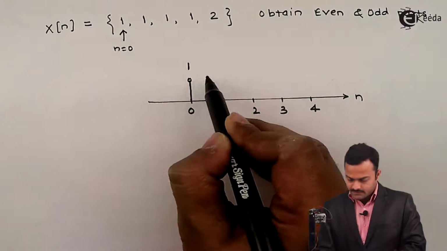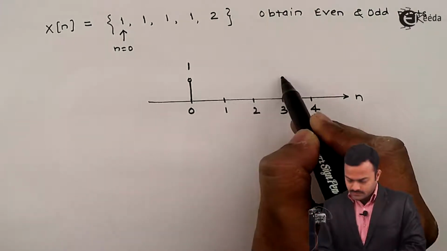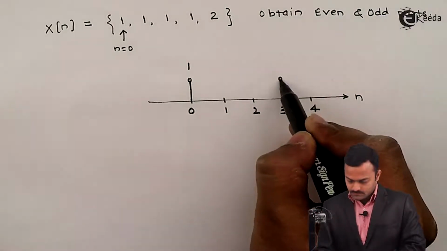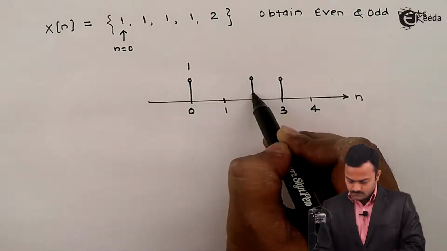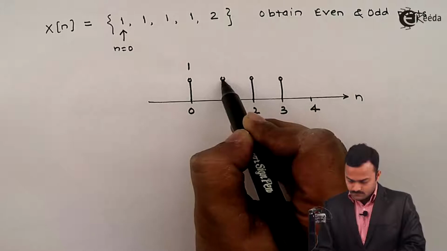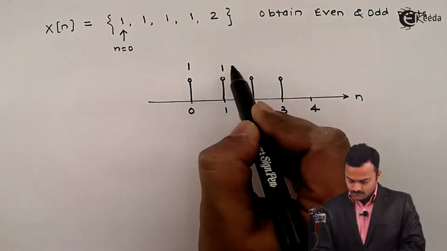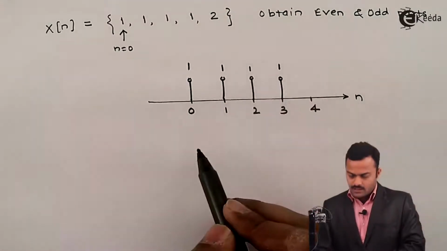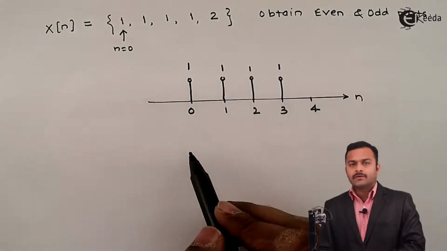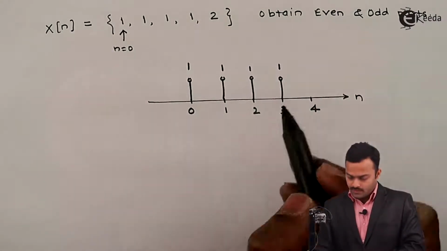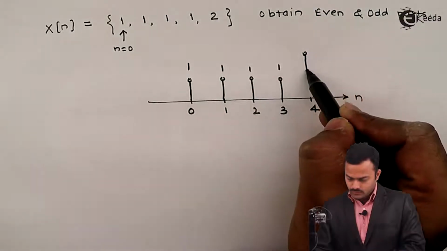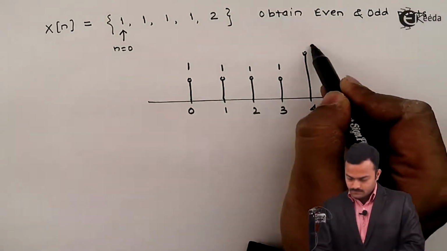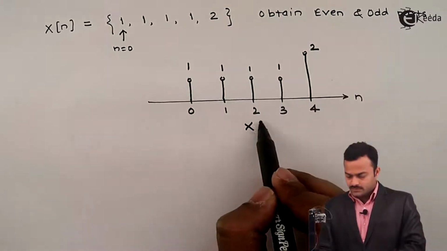And then it is continuously 1 till n equal to 3. And for n equal to 4, we will have the value equal to 2. So this is x of n.